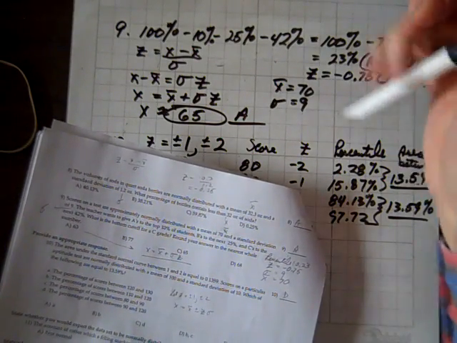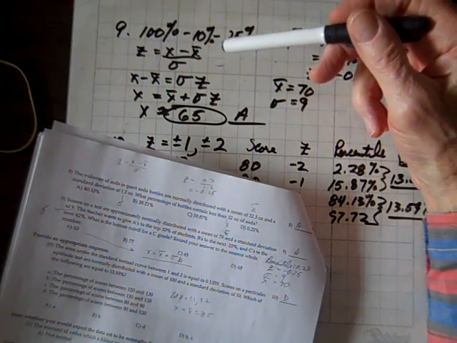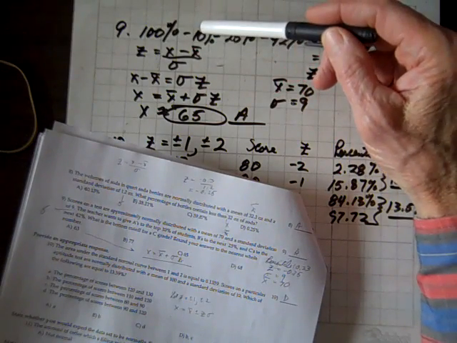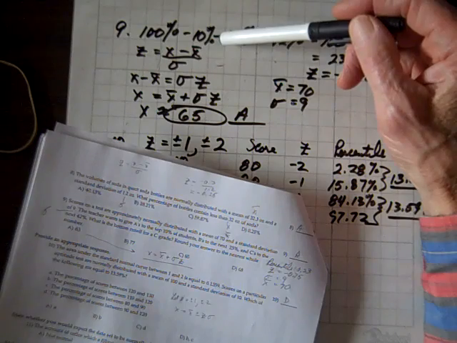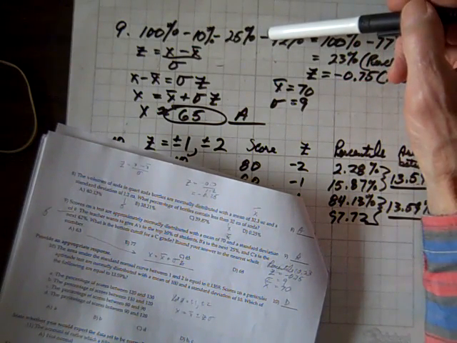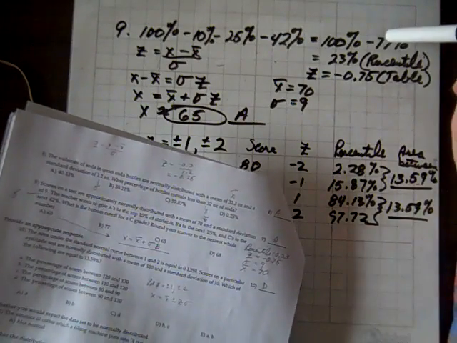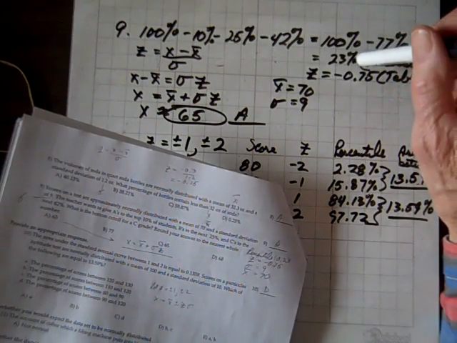And the teacher wants to give A's to the top 10%, so we've got 100% of the class minus 10% for A's, minus 25% for B's, minus 42% for C's, and that leaves us with 100% minus 77%, which corresponds to 23%.